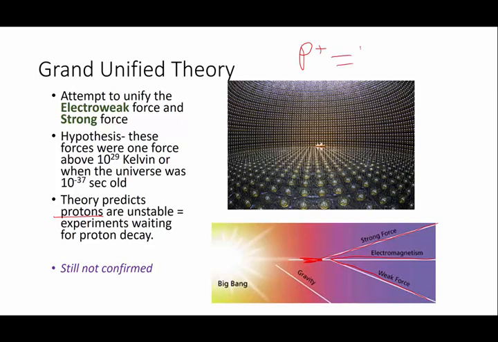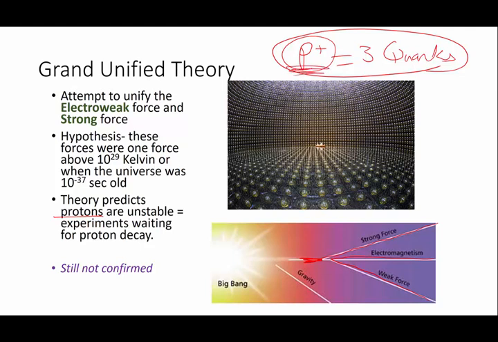Well, protons are made up of three little particles called quarks, and these quarks could pop out of a proton, but very, very seldom. It's a very rare event, and it takes a very long time for this to happen. That's why the universe is so incredibly stable and matter is stable. But there are labs all over the world that are looking for this.